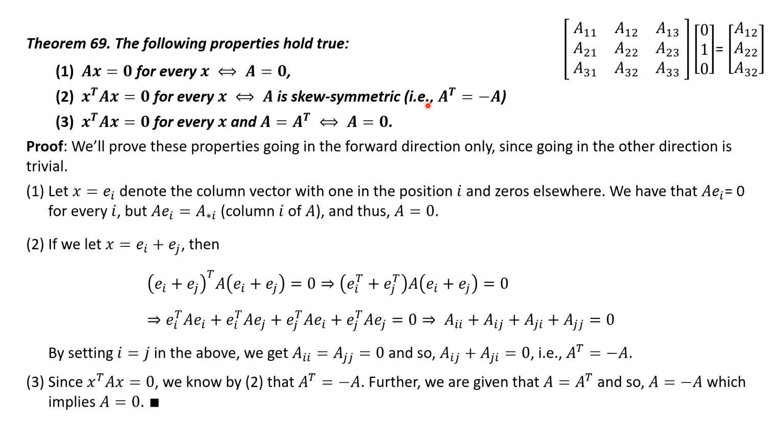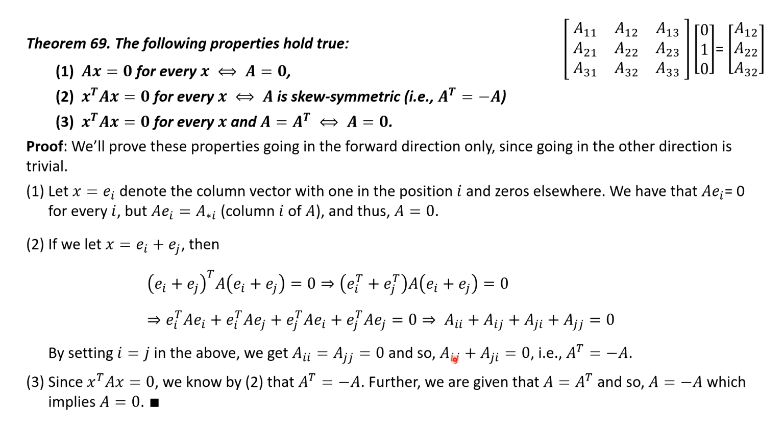That doesn't give us this yet, but if we set i equal to j, then we'd have 4 times A_jj equals 0. In other words, A_jj equals 0. So whenever the diagonal element equals 0, so A_ii as well as A_jj equals 0 in this formula, this term and this term drop out, and you get A_ij plus A_ji equals 0.